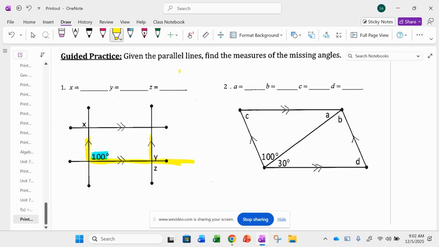An F. And the angles in the F are congruent, which means angle Y has to be 100 degrees. And now I'm going to ask you, what's the relationship between Y and Z? They're supplementary. So angle Z has to be 80 degrees.